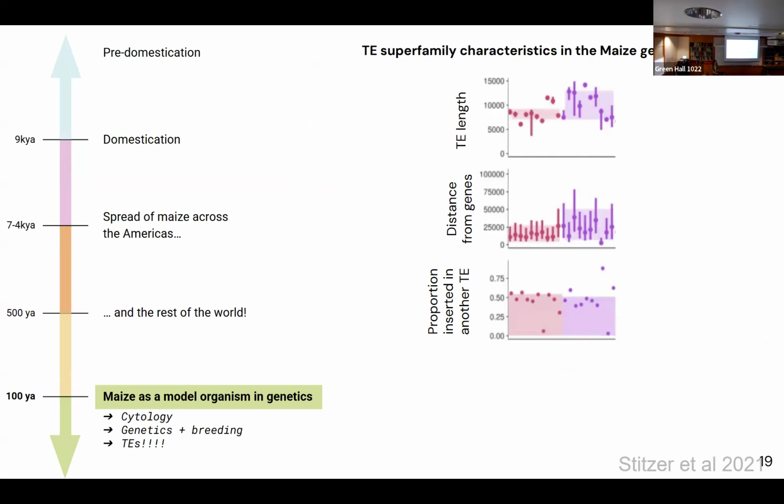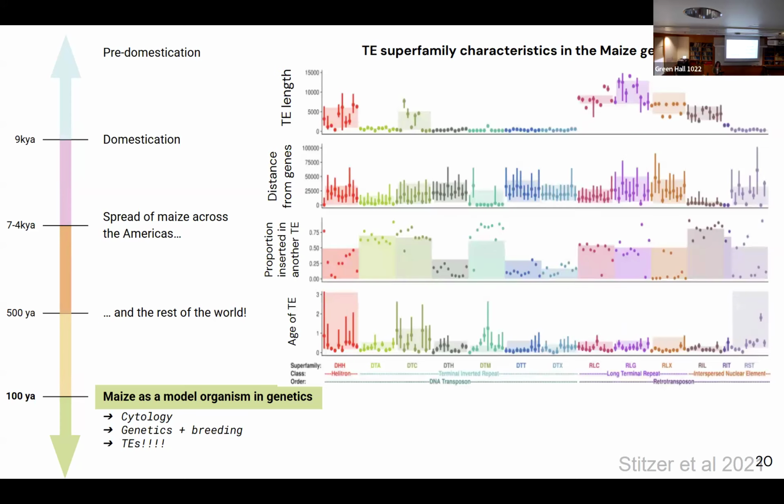But for these two TE families specifically, how do they differ in a single genome, like the maize genome? When comparing Ty1 and Ty3 superfamilies, we see that even within and between these superfamilies, there's variation in the average length of TEs, how far from genes those TEs are located, and how often TEs in the superfamily insert in other TEs. And this variation exists when we look at all superfamilies in the maize genome for several different characteristics. Someone could spend their entire PhD exploring this variation.